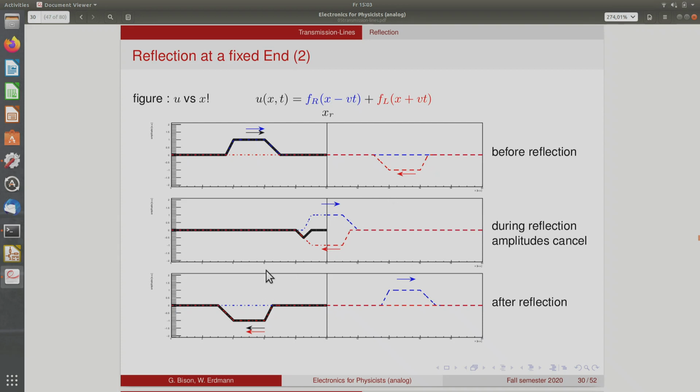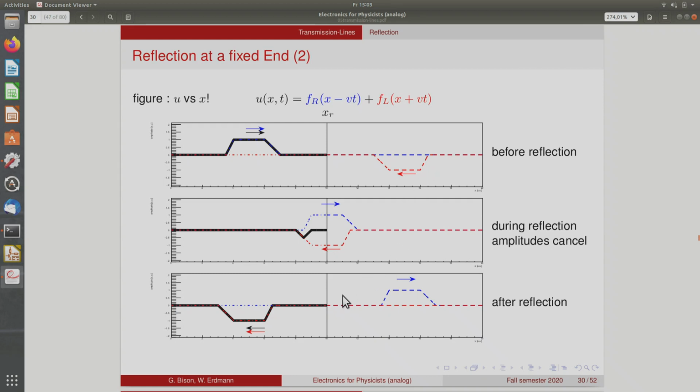We just treat it as if it was there. And then these two waveforms arrive at the reflection point, and we design them such that they cancel exactly at the reflection point because this is our boundary condition. We know it's a solution to add these two, and this solution fulfills our requirement.